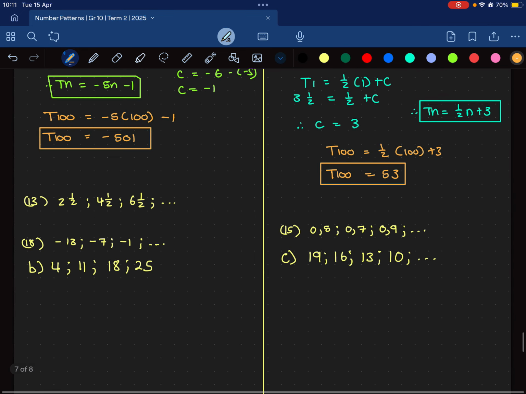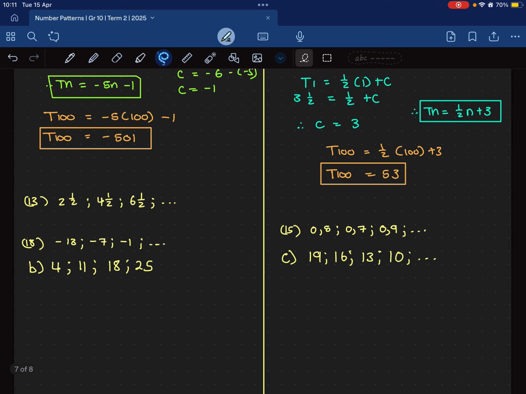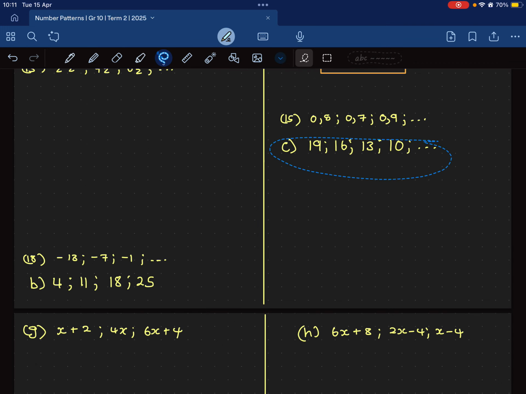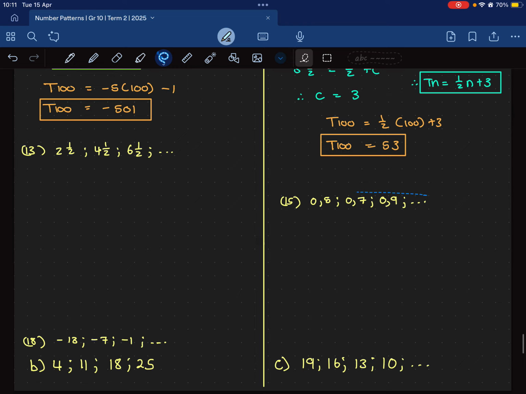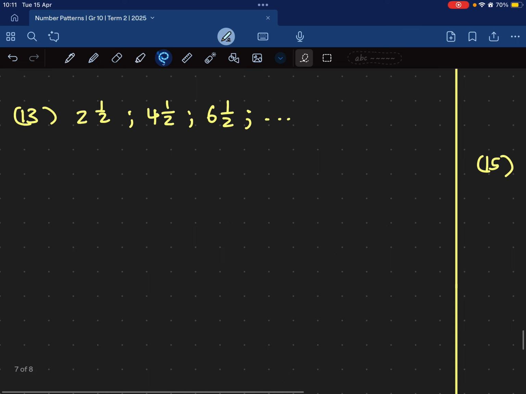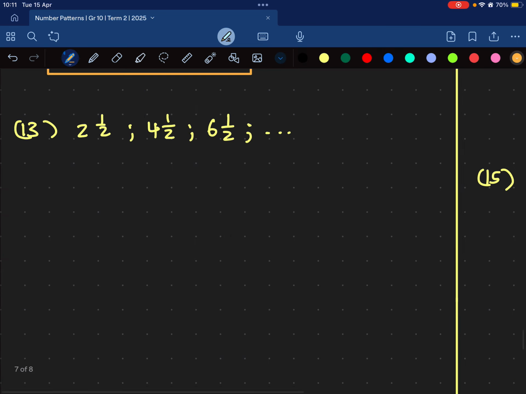Okay, so moving on, we're going to do number 13. So number 13 says 2.5, 4.5, and 6.5. Okay, so hopefully, again, you can convert it into an improper fraction.